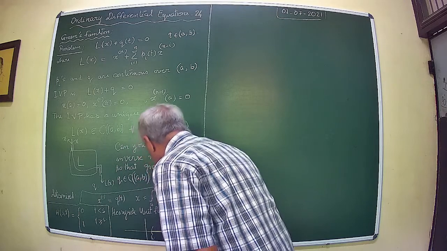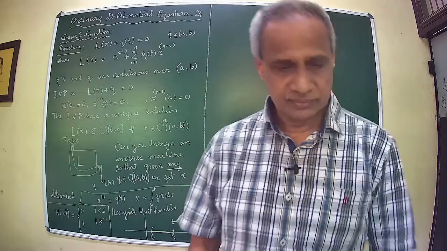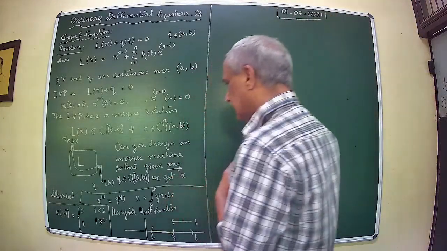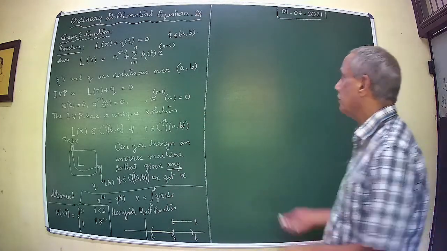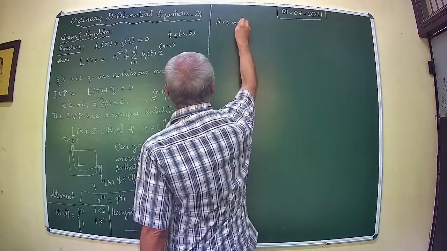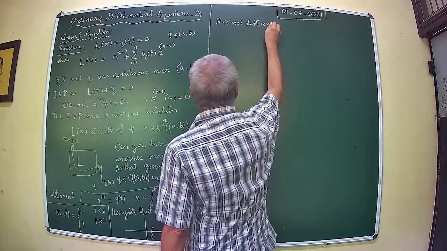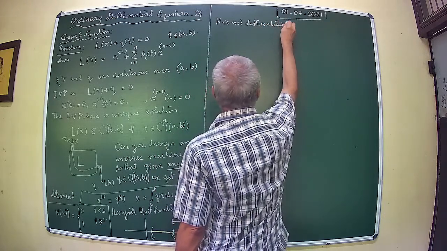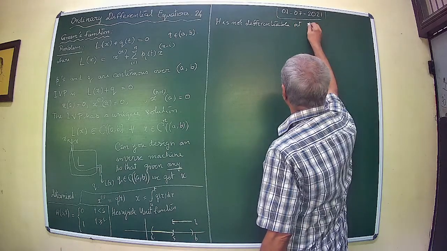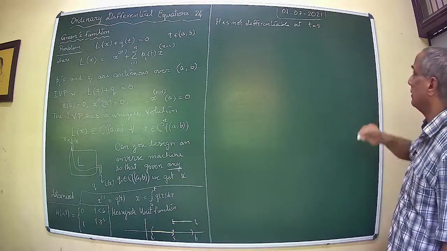This is identically 0 and 1 over. So this is H(s,t). Now you know that H is not differentiable at t equal to s. I am talking about differentiability with respect to t.